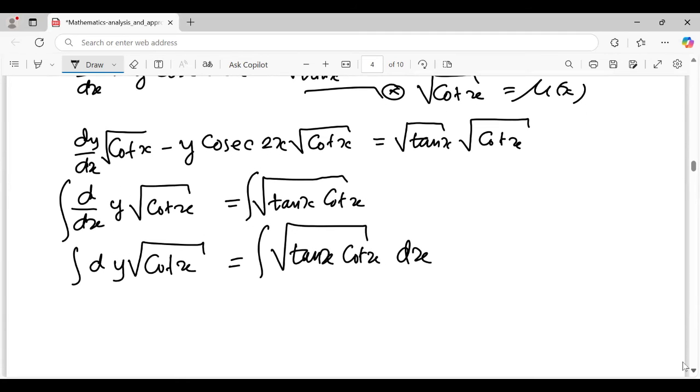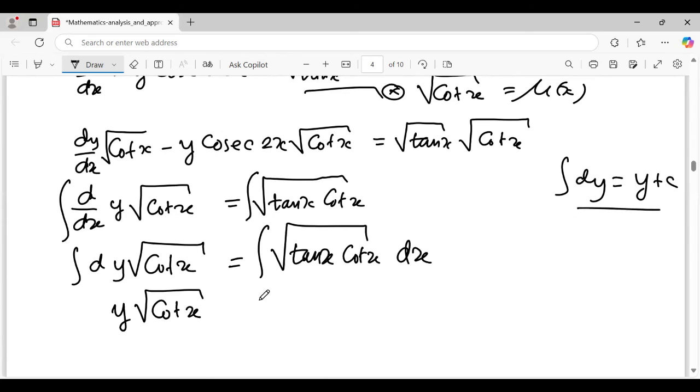Okay, and after that, this integral becomes y square root cotangent x, because dy dx becomes y. The integral of dy is of course y plus c, and the x has already moved here, and this integral is square root tangent x times square root cotangent x.